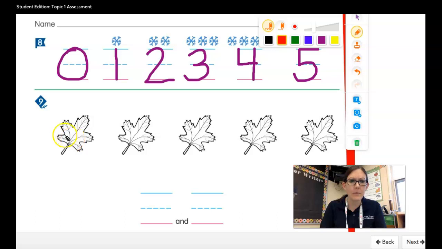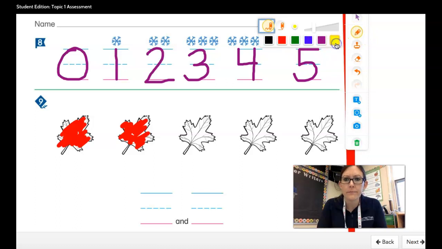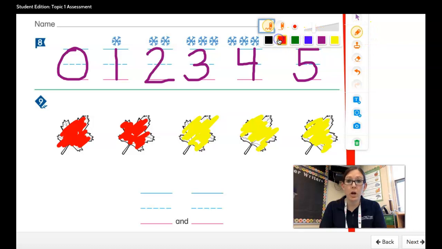All right, I think I'm going to color 1 red, 2 red. Yeah, and then I'm going to switch to yellow. And you see how I'm not coloring the leaves perfect. I'm not scribbling on my page, but I'm just coloring quickly. I'm going to do the other ones yellow. All right, I used red and yellow to show my 2 parts.